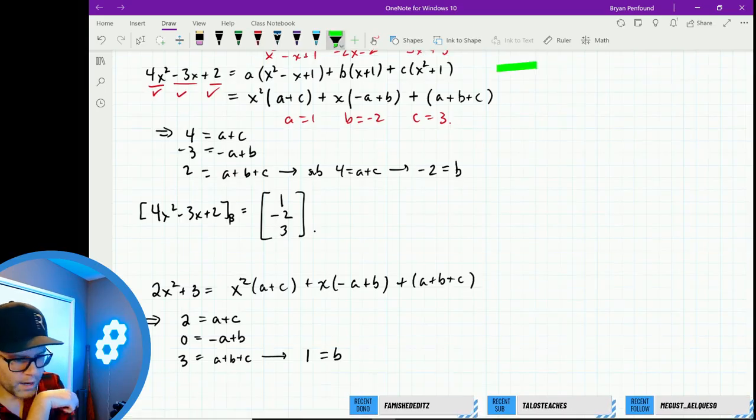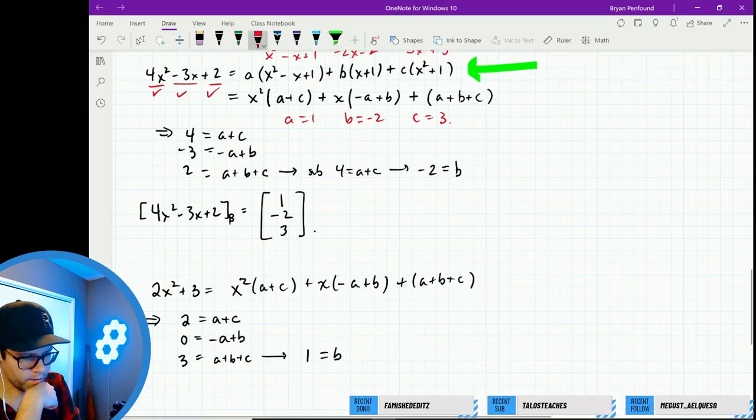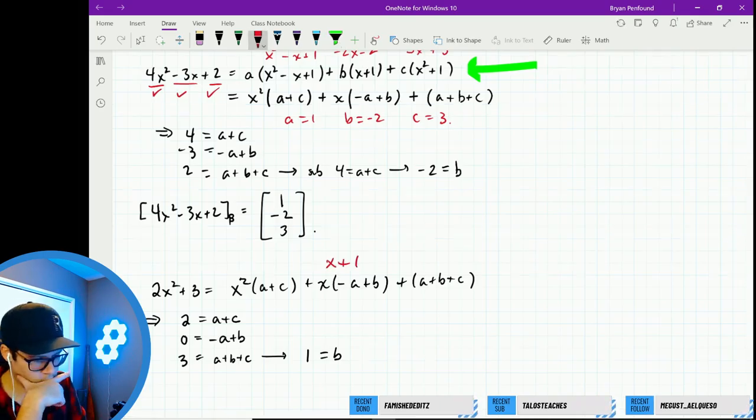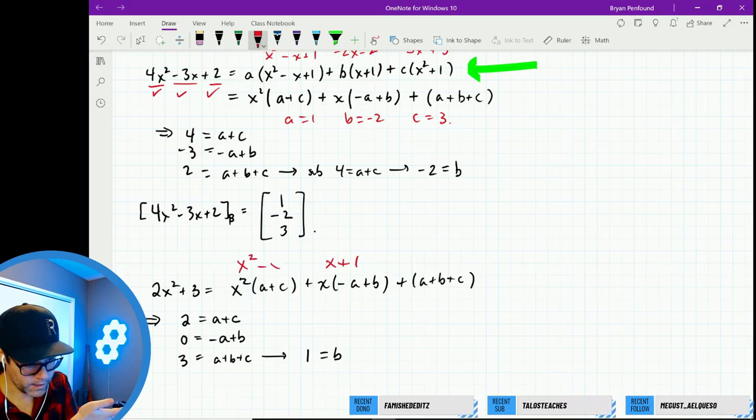I'm just coming back up to take a look at this. If b is 1, that's going to give us an x plus 1. We need to balance our x's. We have 0 x's, so we would need a to take that away. So a must be 1. That would give us an x squared minus x plus 1.